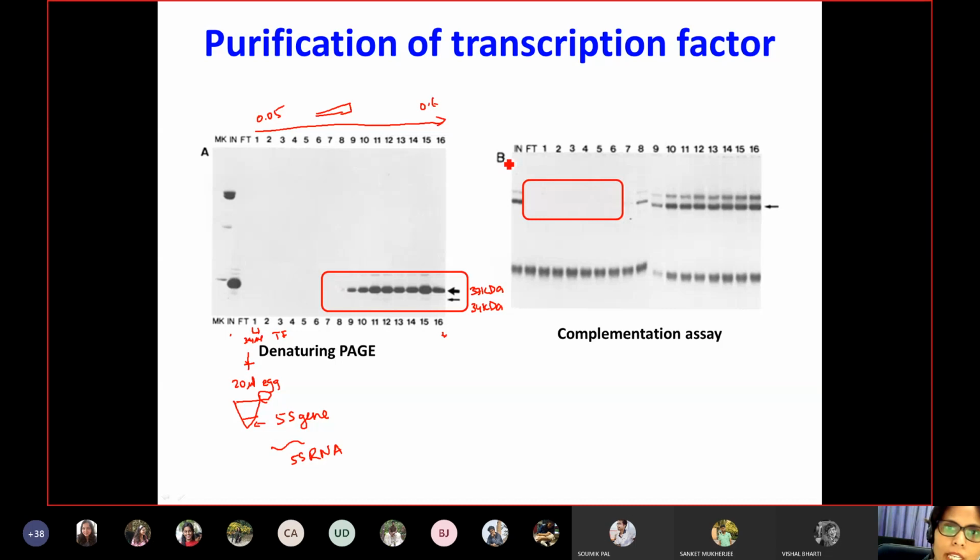For example, in the input lane, when 2 to 3 microliters was mixed with 20 microliters of unfertilized egg extract, you see a nice 5S RNA transcript. Whereas when the flow through and fractions up to number 6 were mixed in the presence of egg extract, you do not see any 5S transcription, no transcription.